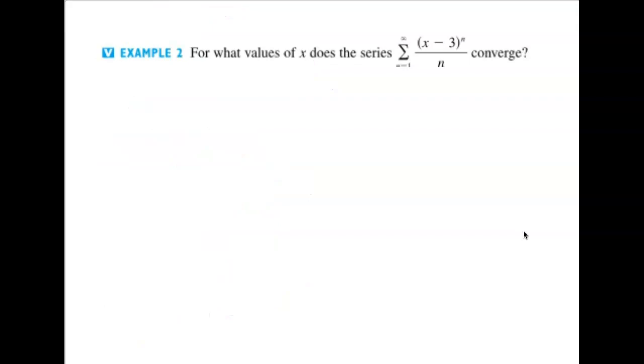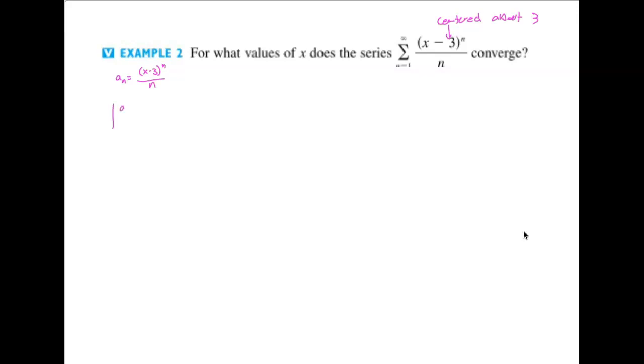Okay, same idea. For what values of x does this one converge? This is a power series centered about 3. Again, this is a good candidate for the ratio test. So I'm going to let a_n be x minus 3 to the n over n.